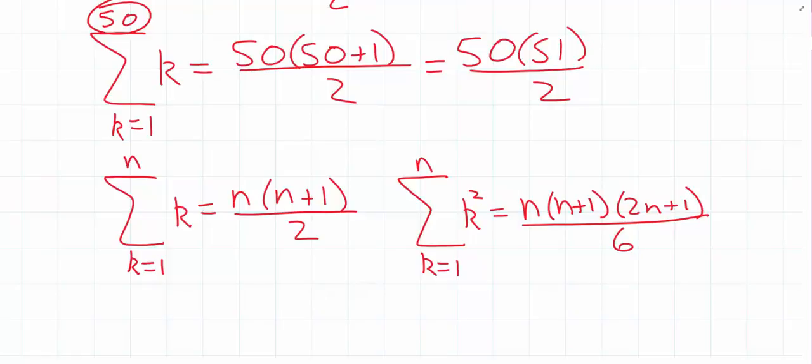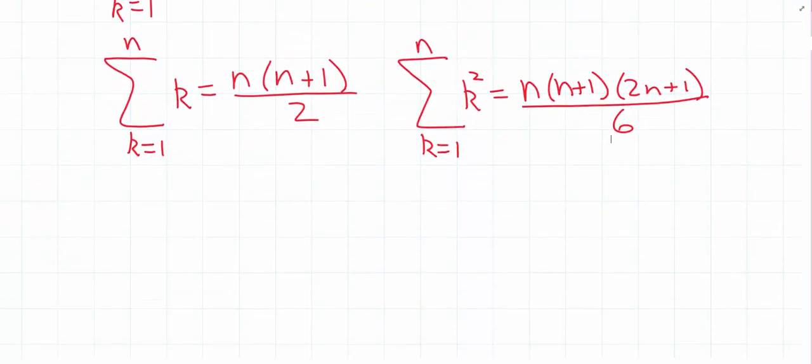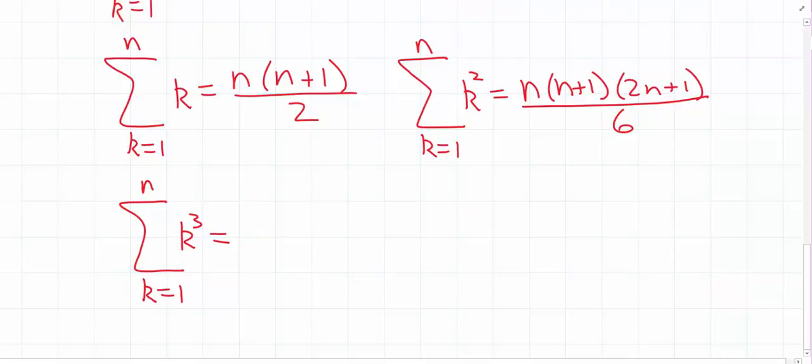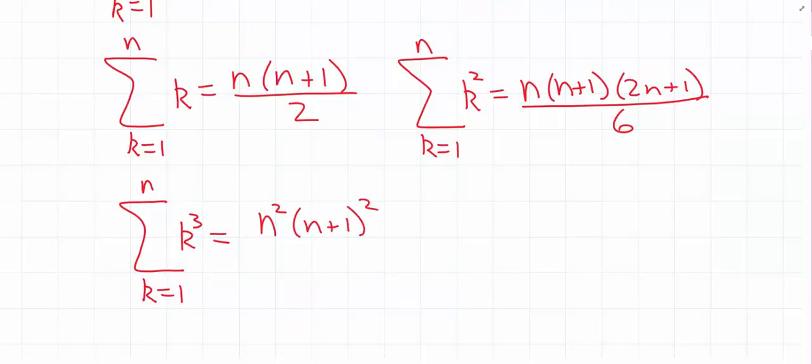Okay, now let's look at one more. Let's suppose that we've got the sum to n of k cubed. Well, that one is going to be, oops, I believe it's n squared times n plus 1 squared over 4.